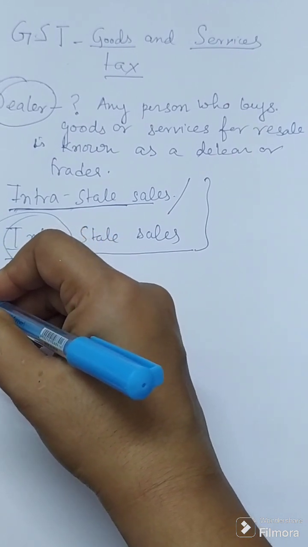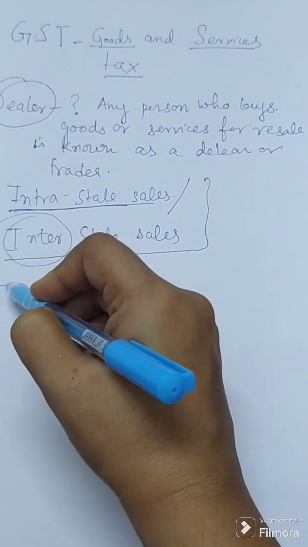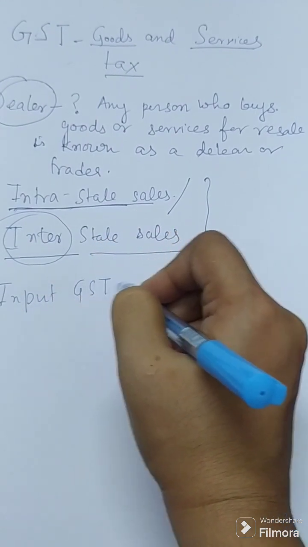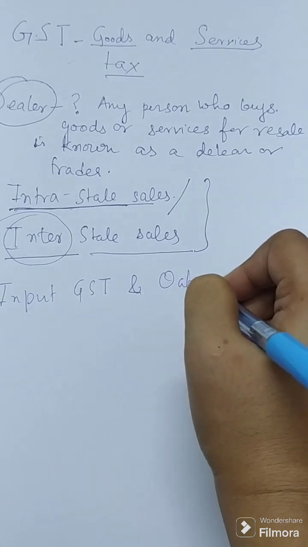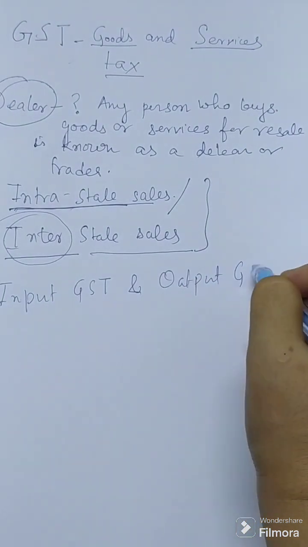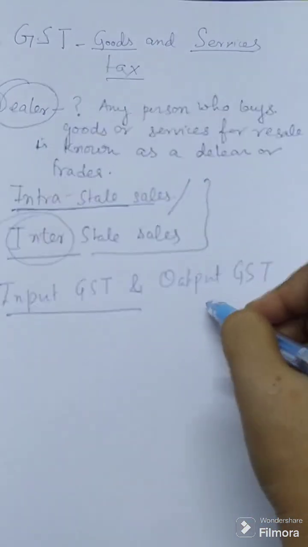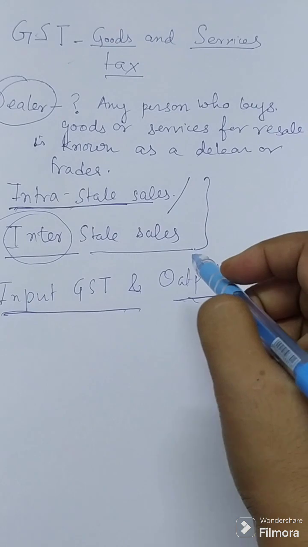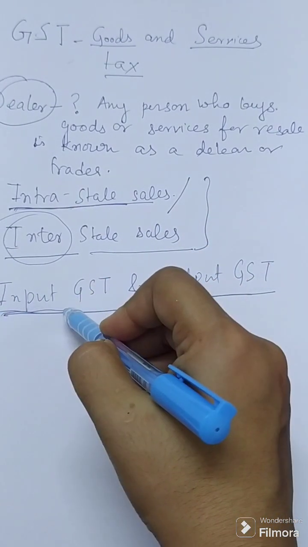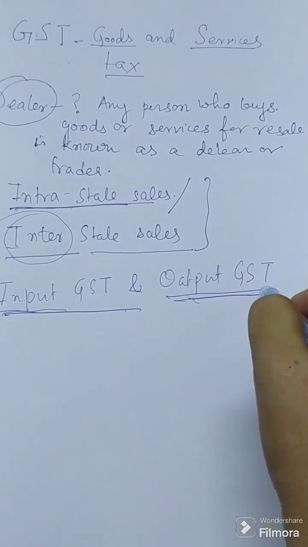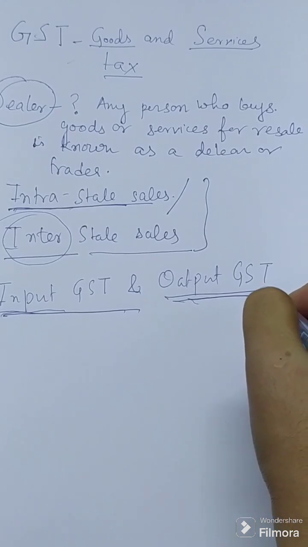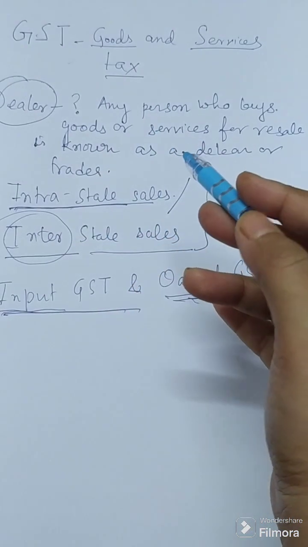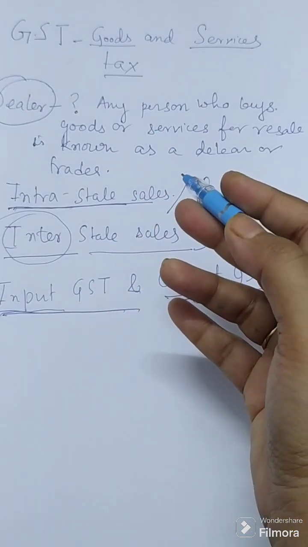Now coming to the next term, that is input GST and output GST. These two terms are very, very important for this chapter. So we have to clearly understand what is input GST and what is output GST. I just told you that we have to pay some tax to the government.